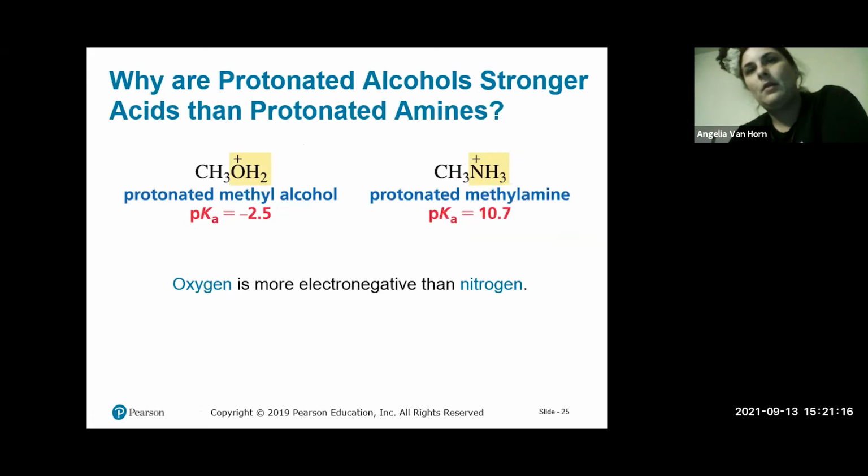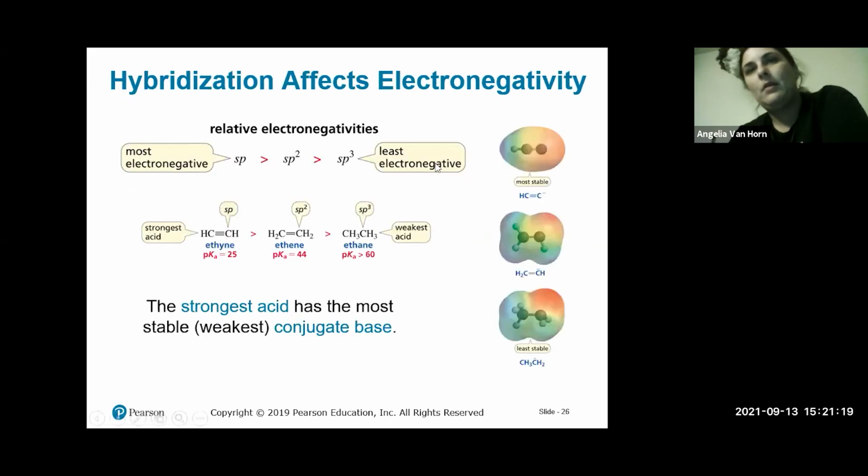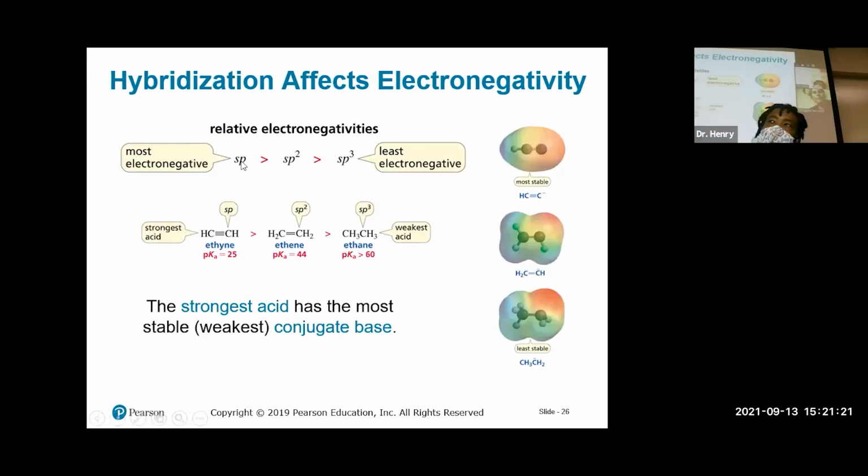So, let's go back. sp is going to be more electronegative than sp2s, and sp2s are going to be more electronegative than sp3s. So if we have a triple bond, right, triple bonds are going to be a stronger acid than the double bond.